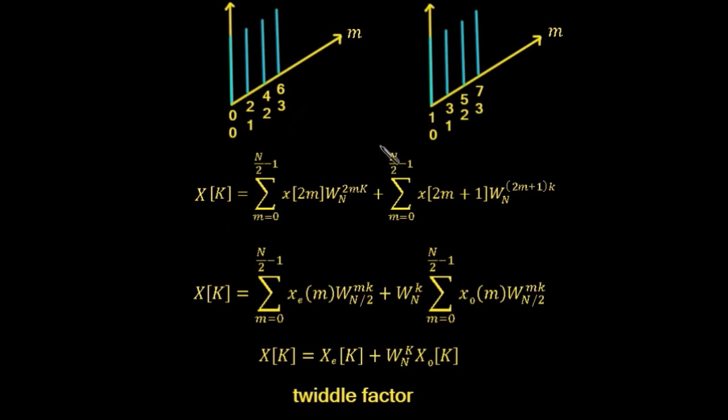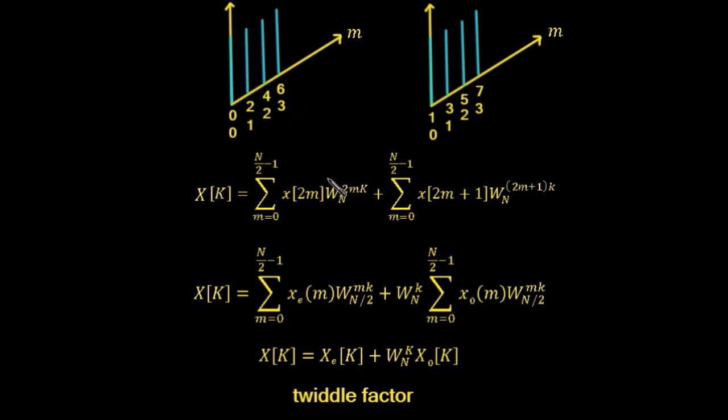Now this equation here is just the same as the one in the previous page. I just copied it over so that we can refer to it. So this is just going to be the even DFT, and this one here is going to be the odd DFT.